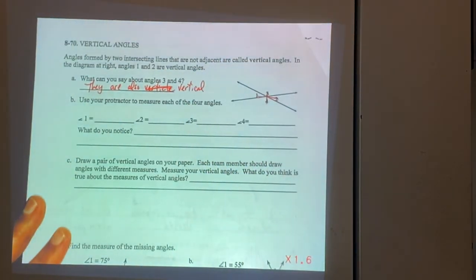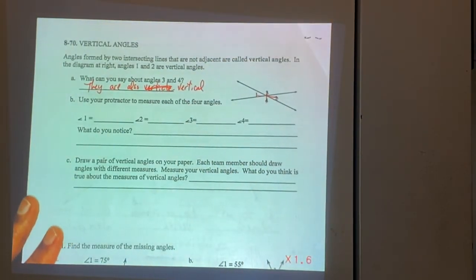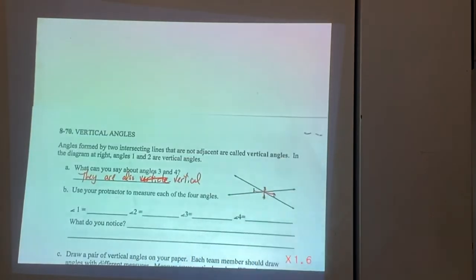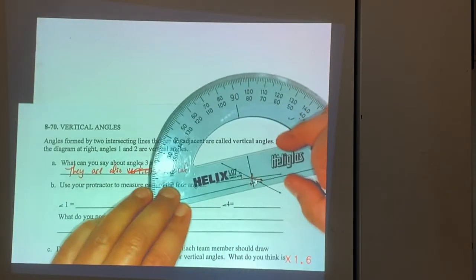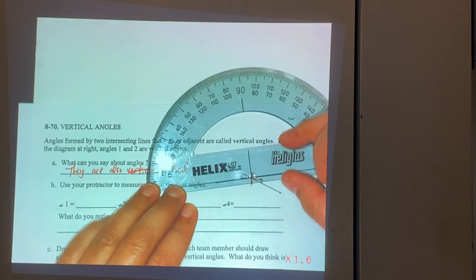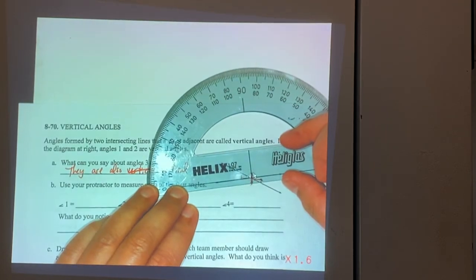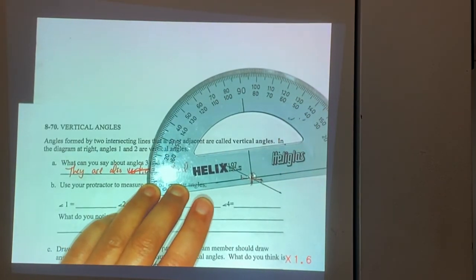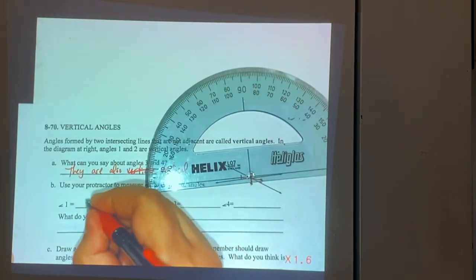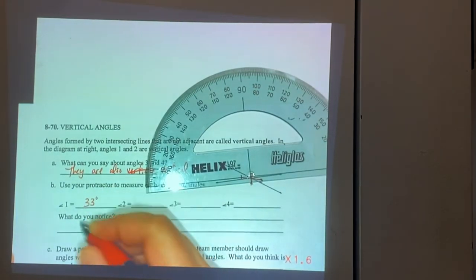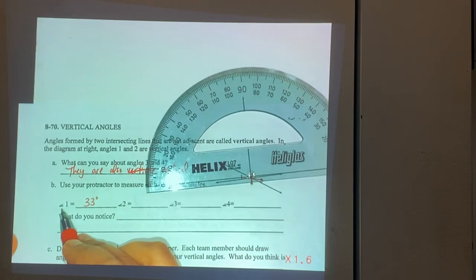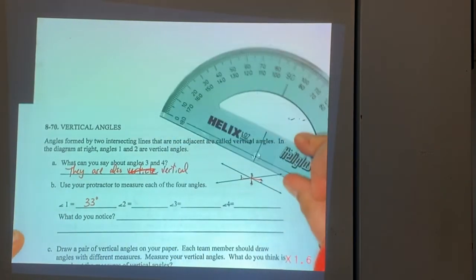Use your protractor to measure each of the 4 angles. So let's measure 1. I have to scoot this down. Can you still see? Yeah. So this one looks like it is 33 degrees. See this little thing right here? This means angle 2.